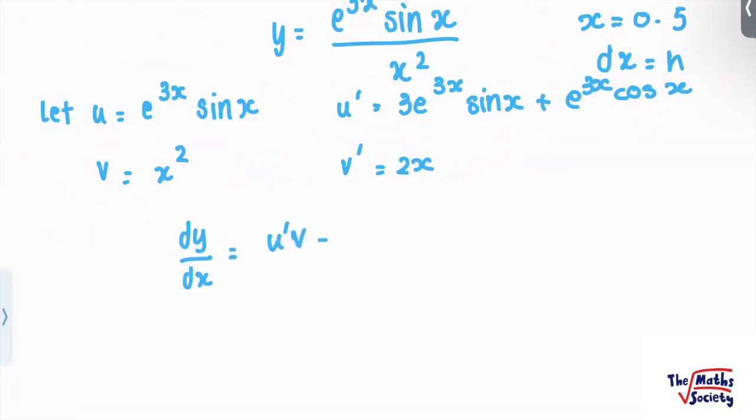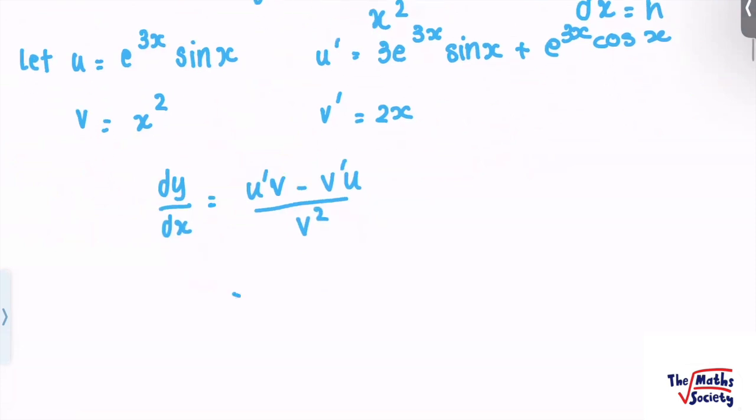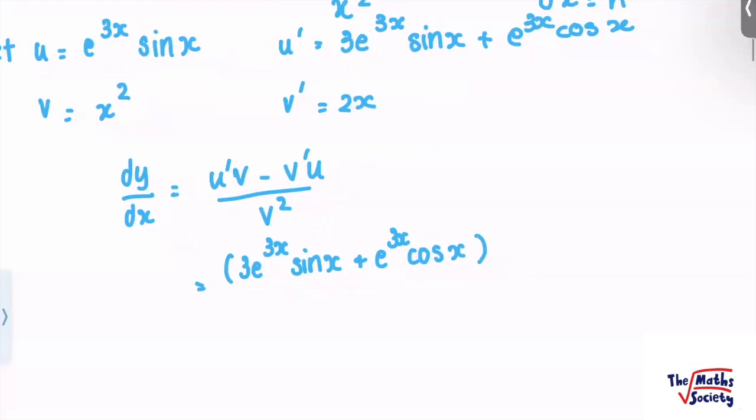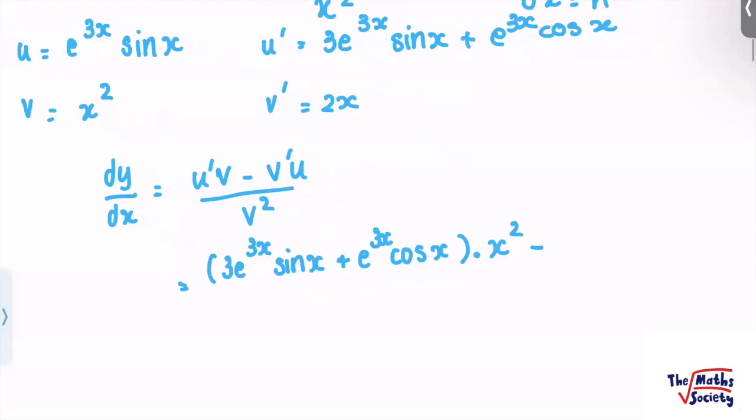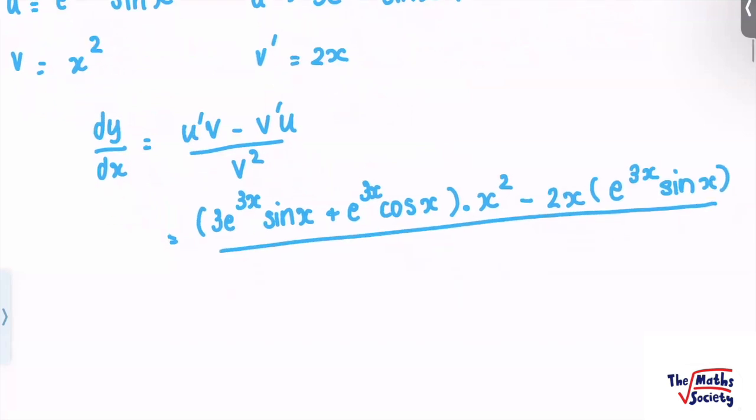So that's just equal to u prime v minus v prime u divided by v squared. So u prime, 3e power 3x sine x plus e power 3x cos x, and v was x squared, minus v prime, which is 2x, and u, which is e power 3x sine x, divided by v squared, which is just x squared, so it's going to be x power 4.